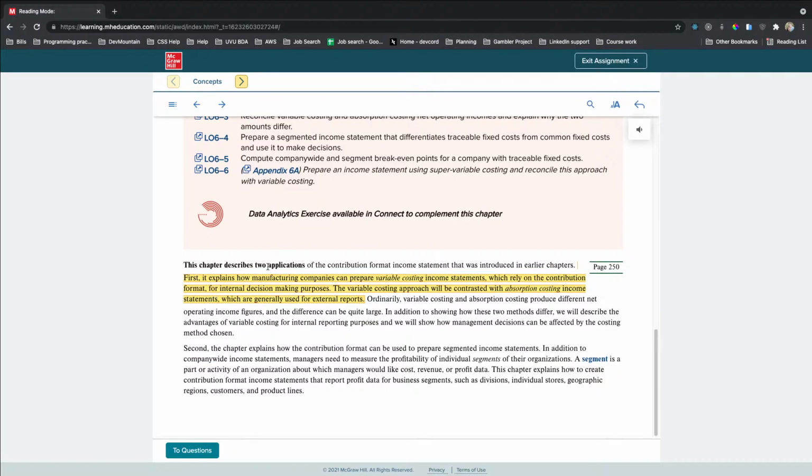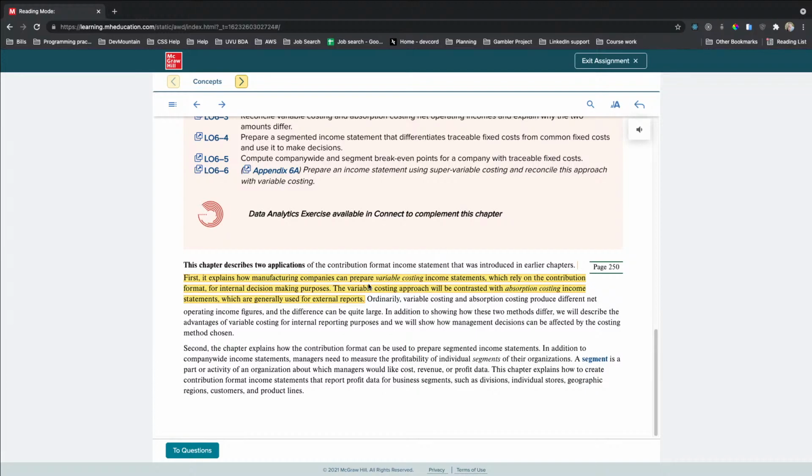This chapter describes two applications of the contribution format income statement that was introduced in earlier chapters. First, it explains how manufacturing companies can prepare variable costing income statements, which rely on the contribution format for internal decision making purposes. The variable costing approach will be contrasted with absorption costing income statements, which are generally used for external reports.